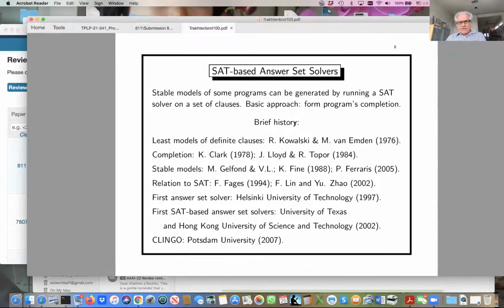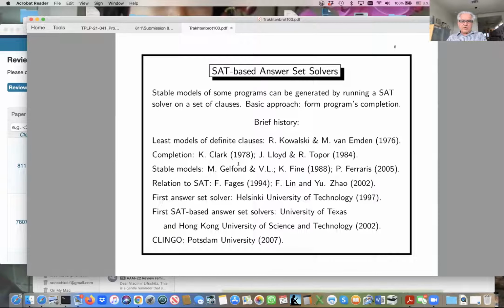But before, I'll give you a few dates to illustrate how this whole area was developing. So the least models of definite clauses, the easy case, were introduced in 1976. Completion was defined first in 1978 for a special case.